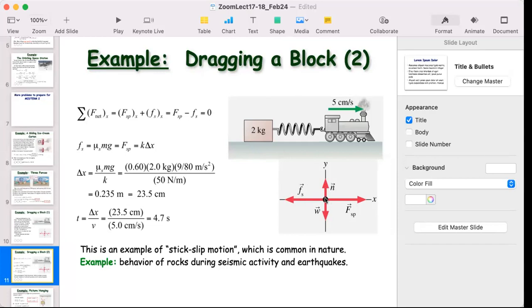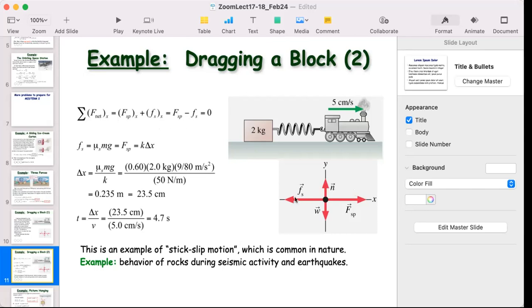Then we have the force of the spring here, and then we have the friction going in the opposite direction. So the sum of the net force along X is the force of the spring plus the force of the friction, right? Only these two.